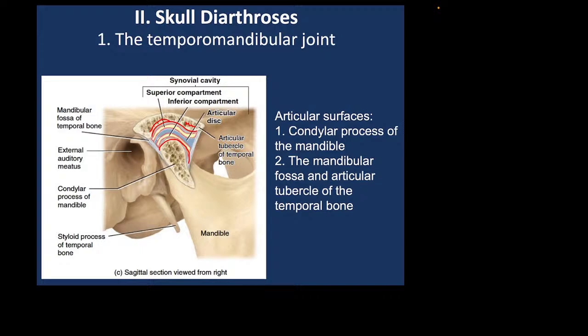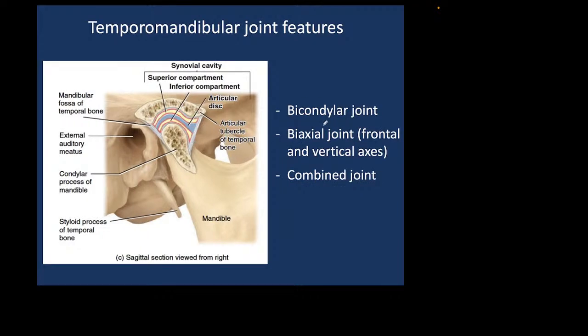Between these surfaces we find an articular disc. That's typical for this joint. In classification, we classify the temporomandibular joint as a bicondylar joint, a biaxial joint.